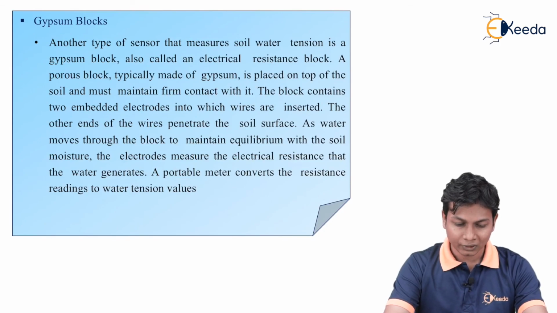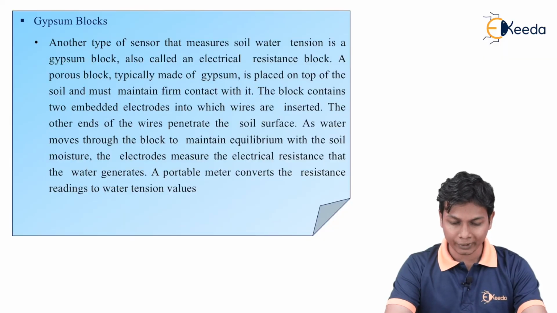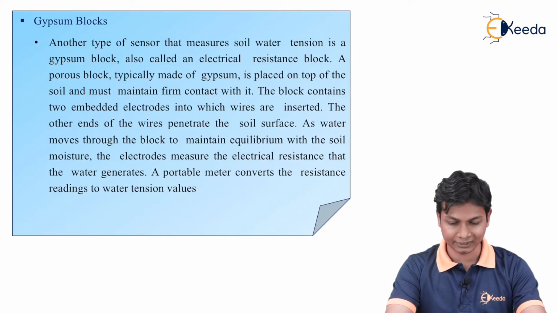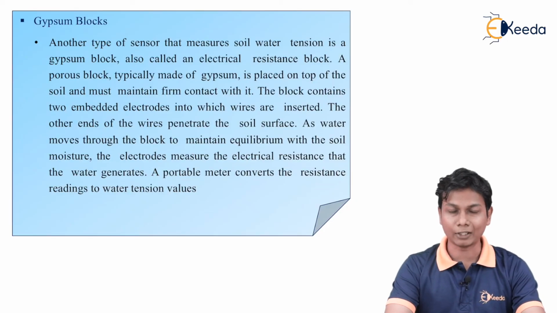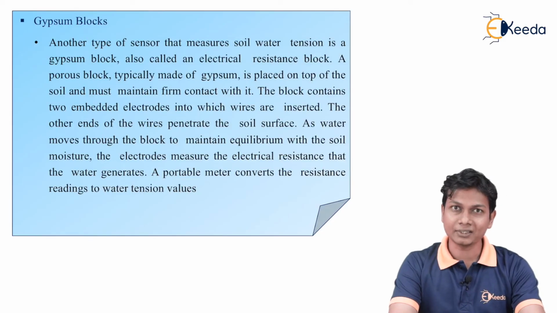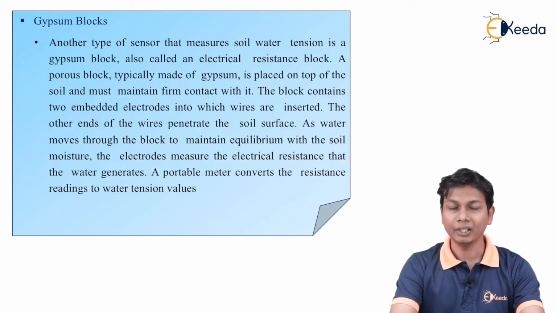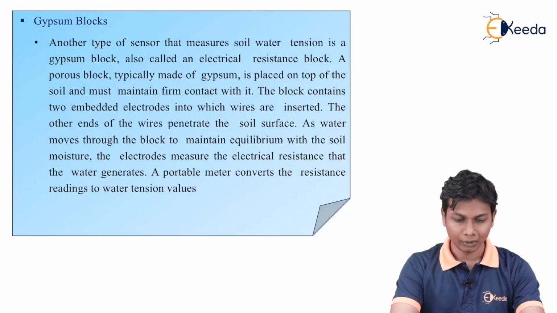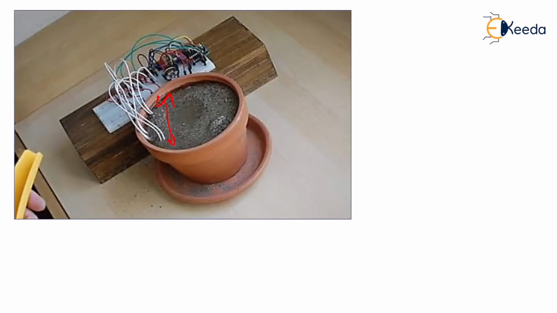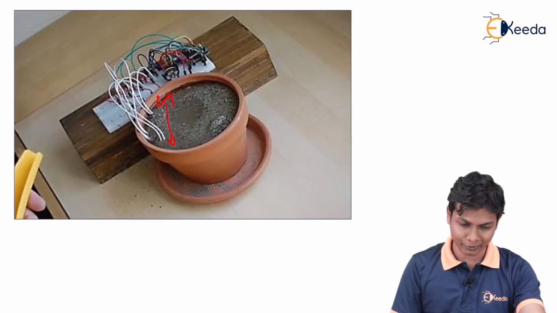As water moves in the block to maintain equilibrium with the soil, the electrodes measure the electrical resistance that the water generates, and a portable watt meter converts the resistance reading to a water tension value. So the resistance of a soil with respect to the moisture is calibrated to the gypsum block. Here is the picture of a gypsum block.